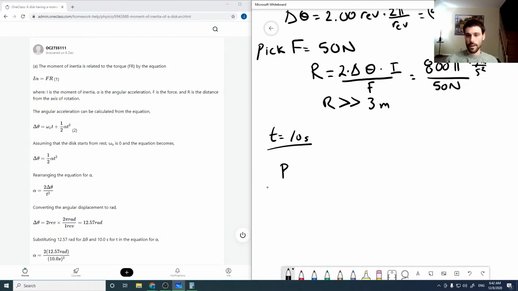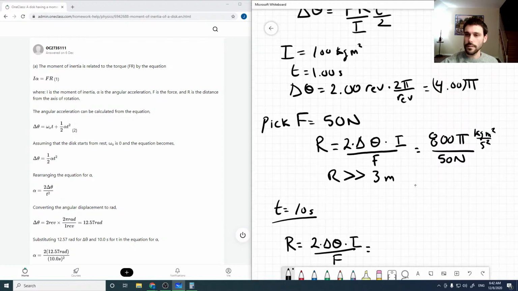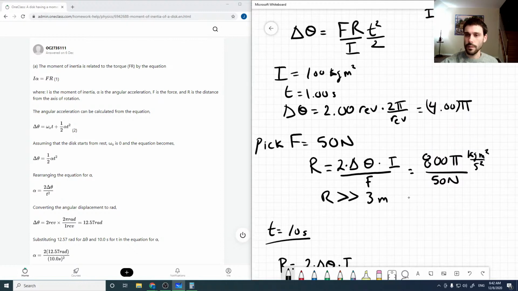And so then our radius would be 2 times delta theta times I over F, which is equal to, and I missed my t, which should have been down here, so t squared. And so that would have only been 1. That would have been the second squared actually here. And I'm going to just get rid of that.